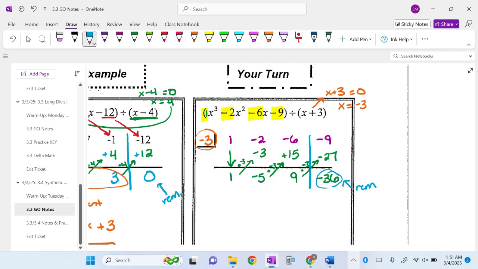X squared. Why? How do I know I'm starting with x squared? Right, we take the highest exponent from the original dividend and subtract 1 from that exponent. And that gives us the exponent of our starting variable, which in this case, 3 minus 1 is 2. So we're starting off with x squared.